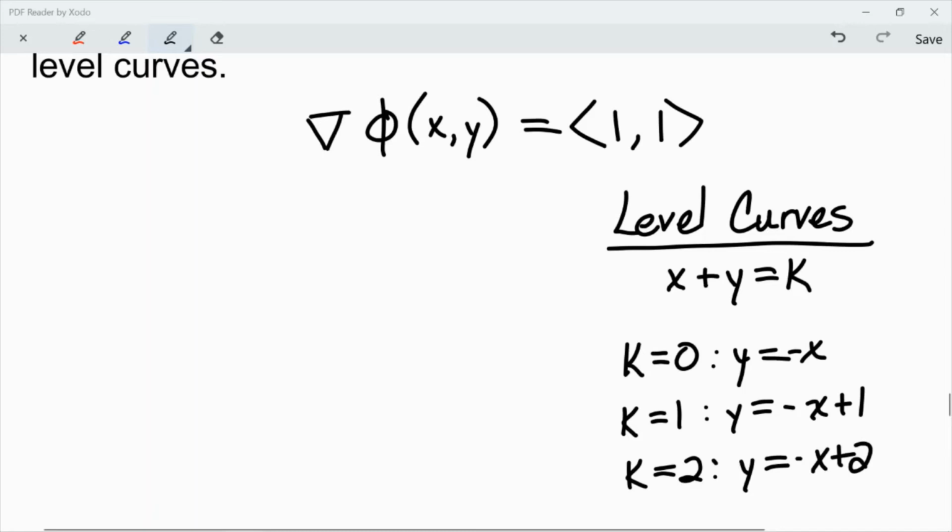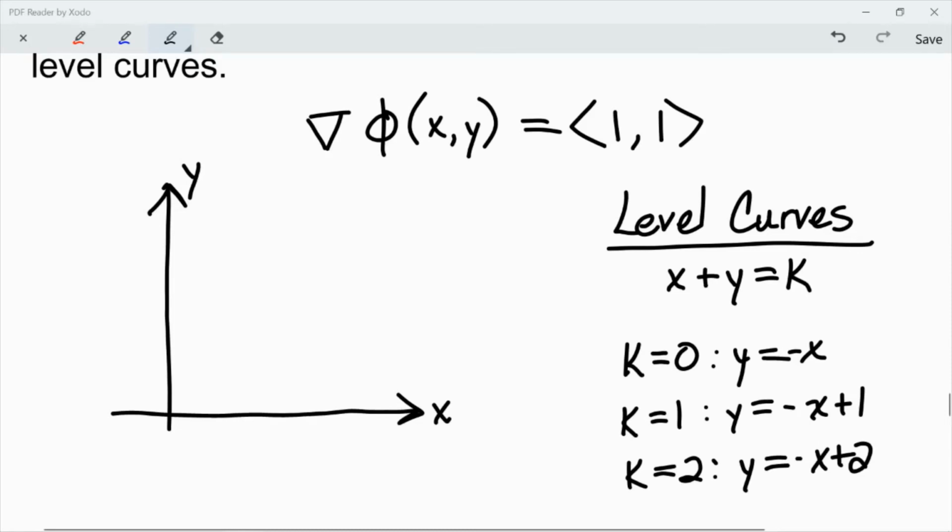Well, it's kind of nice to have the level curves here, because then we can look at the gradient versus the level curve. Okay, so let's take a look at how this would look. I'm just going to plot this in the first quadrant. So I know that everywhere I am here, I'm essentially going to have a vector that is 1 unit in the i direction, 1 unit in the j direction.